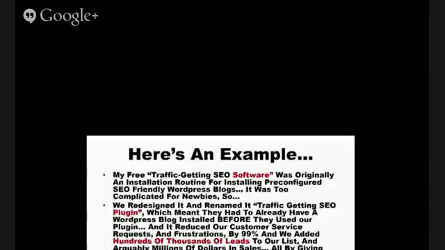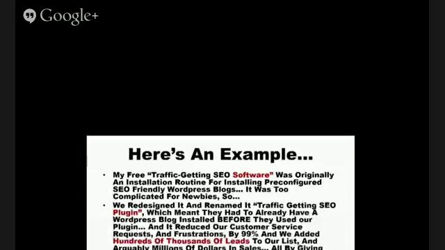So we had a meeting and I told my guys, we either shut it down or change it dramatically. That's when we came up with the idea of redesigning it, and we called it Traffic Getting SEO Plugin, which we tested, by the way, plugin versus software.